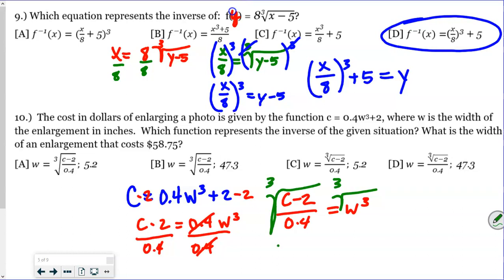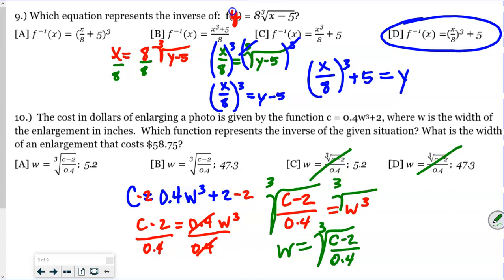So this is going to be w is equal to the cube root of c minus 2 over 0.4, right? So which one of those looks like this? It looks like A and B look like what we have. So we can cross through these two because they're not going to be true.